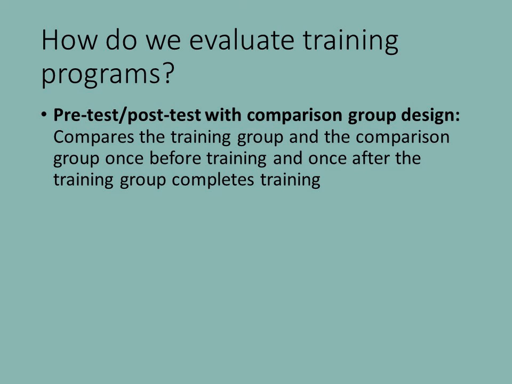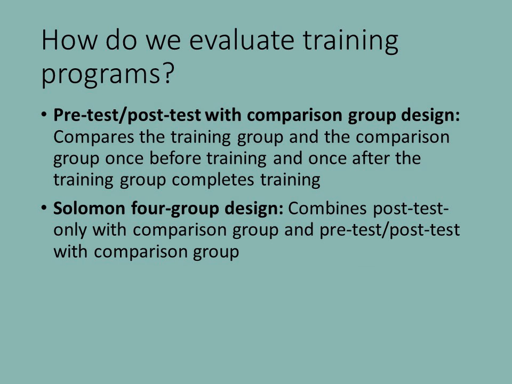It could be that the 2 groups were different to begin with. Finally, we compare the 2 groups' post-training scores. If the training group experienced significantly greater change than the comparison group, we might have evidence that the training was the cause of the change. If both groups experienced the same amount of change, another factor other than training likely caused it.